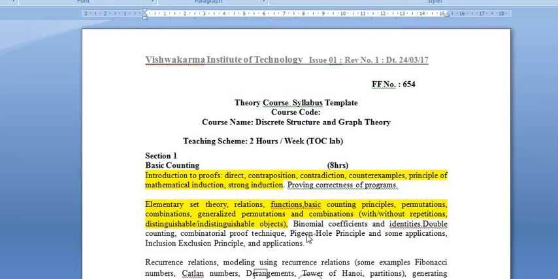Okay, so these points are very important as far as theory of computation is concerned, right? So you will have only the assignment on this in the lab, but these concepts are required for the theory of computation, right? So that is the purpose of studying this subject.